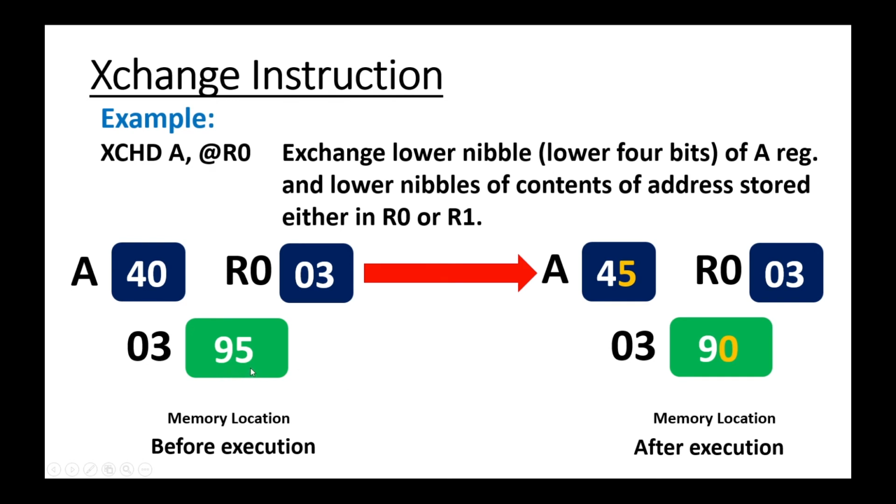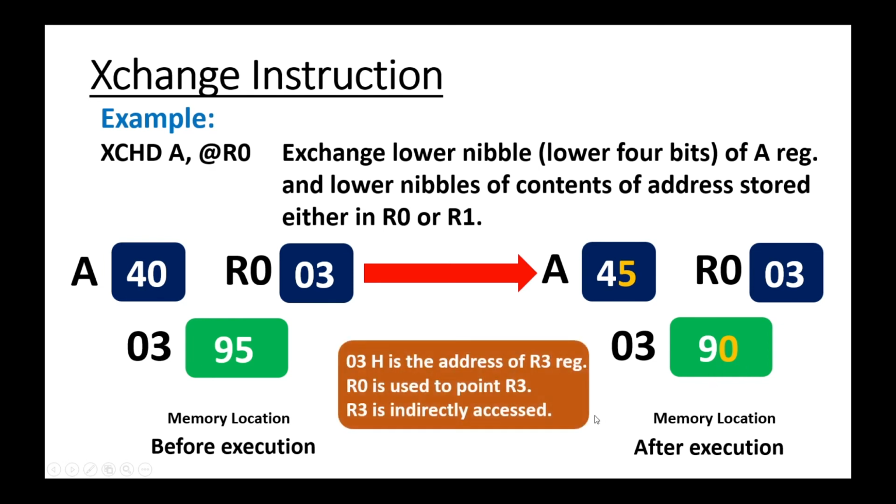After execution we will see the result here. Earlier in the memory location 95 was stored, so 5 is the lower nibble, and in the accumulator before execution 40 was stored, so 0 was the lower nibble, and that 5 and 0 are swapped, exchanged. So now A is having 45 and the memory location given by the register pointer is 90.